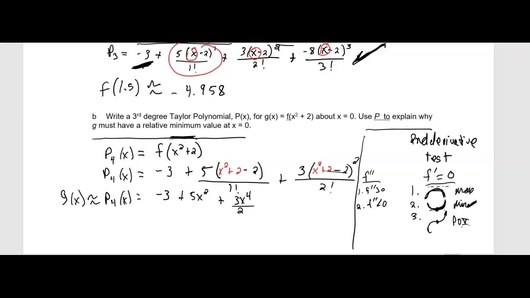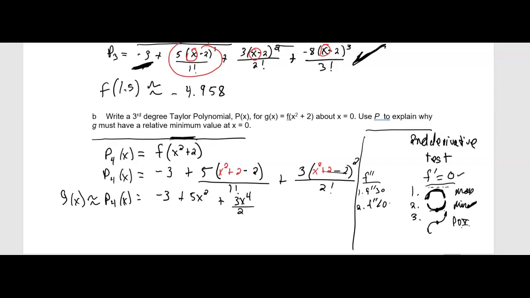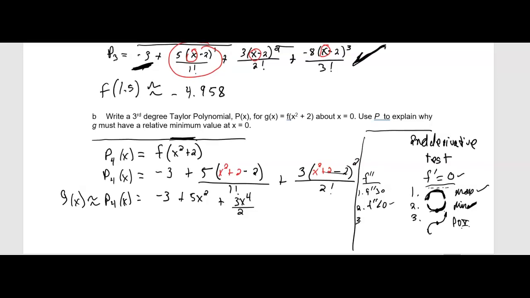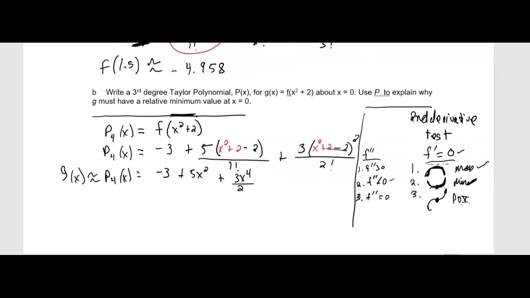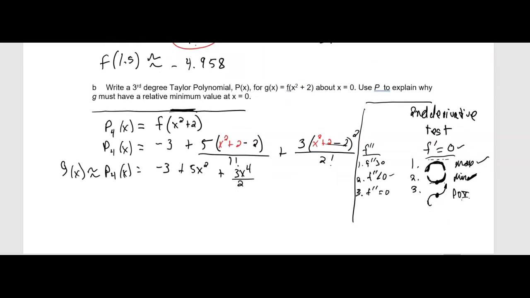Here is the one that is concave down. So if I know my first derivative is 0 and my second derivative is negative, that's going to tell me we have a max. And then the third thing that could happen is if the second derivative is 0, we don't have any concavity. So at this point, that's where we're changing concavity, and that's when you're going to have a point of inflection. That's what this question is testing you on. That's how we're going to have to approach this.